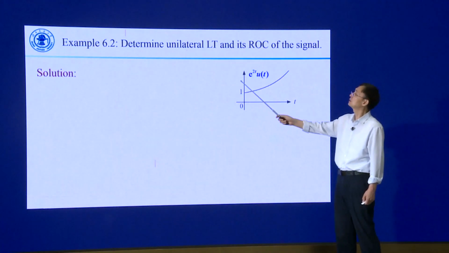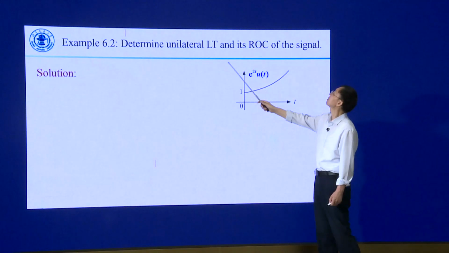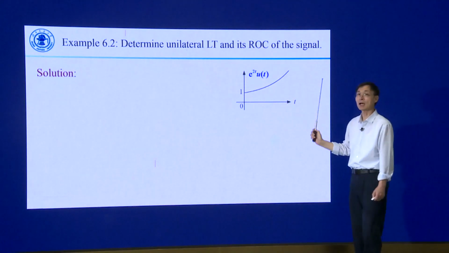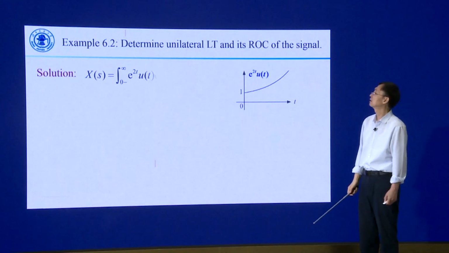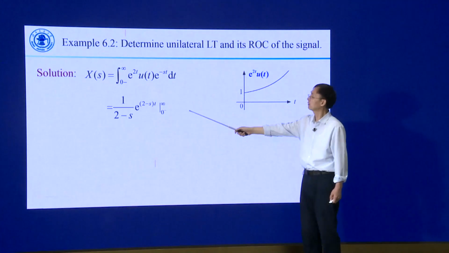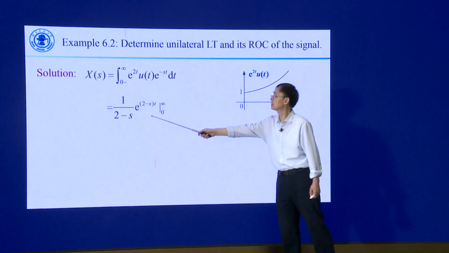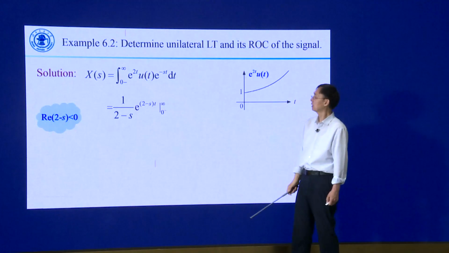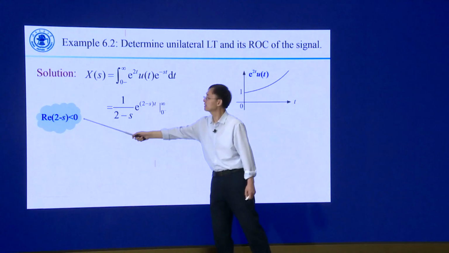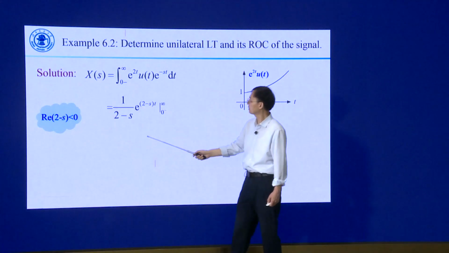For example, find this signal's unilateral Laplace transform and its ROC. According to the definition, we can get this expression. Here, if we satisfy this condition, we can get this one.